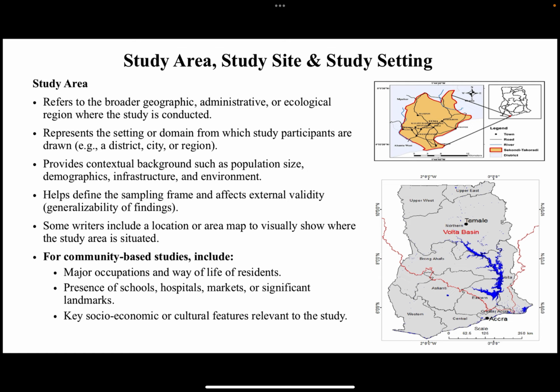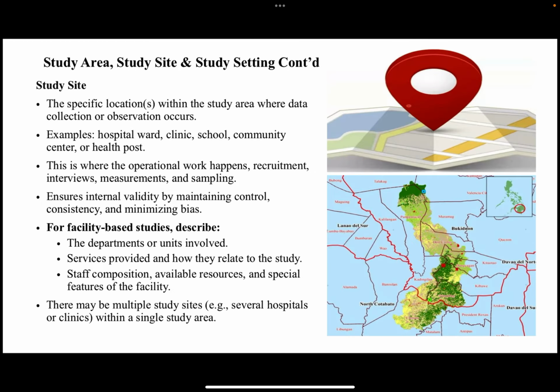It could be a police station, or it could be a mall. It could be any significant landmark in that community. You also have to mention key socioeconomic or cultural features relevant to the study. Okay. Good.